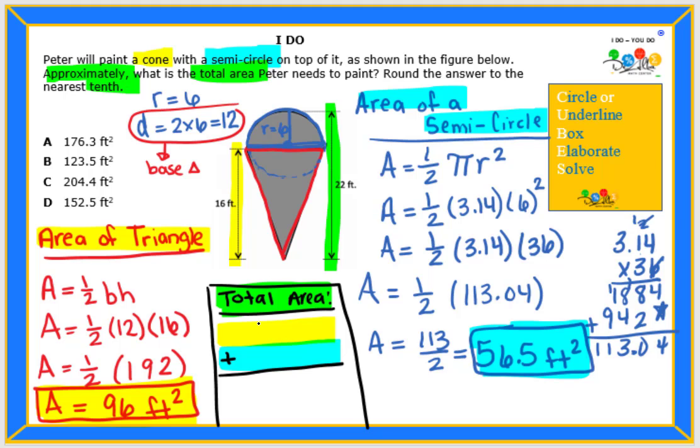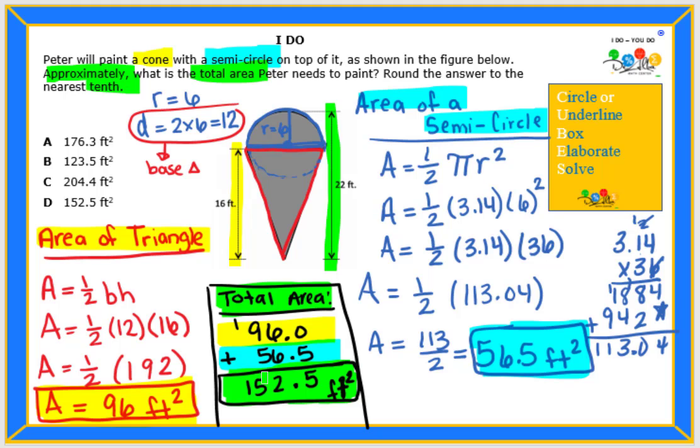So we have 96 for the area of the triangle, and we have 56.5 for the semicircle. So I'm going to go ahead and put 0.0 and add those right up. Decimals stay aligned. 15, so 152.5, and our units were square feet. So feet to the power of 2. That is our total area.